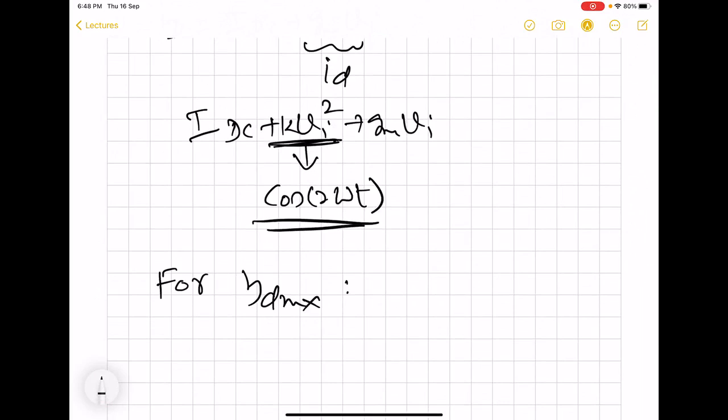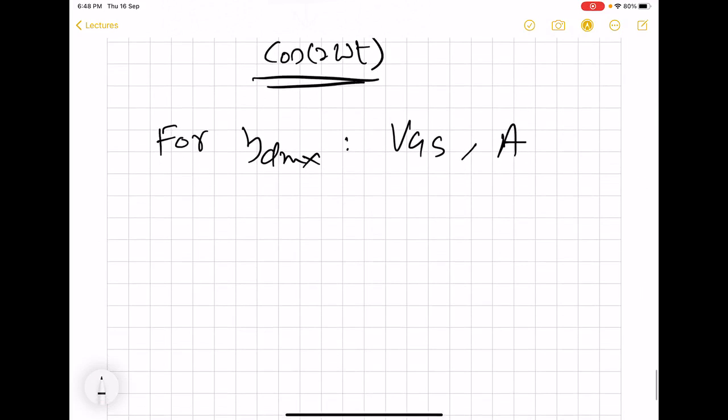There will be a suitable value of VGS and the input amplitude. And we will have to maintain these two parameters constant if we want this efficiency to be constant throughout the operation.